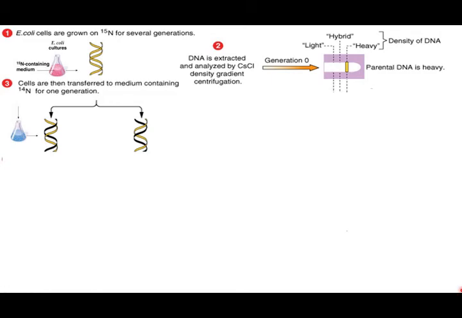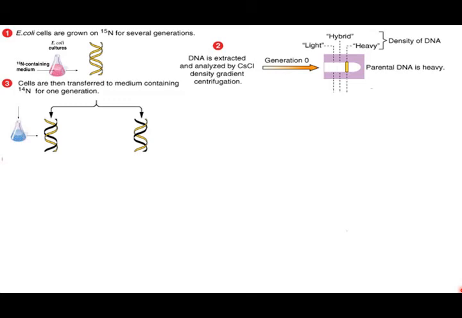Meselson and Stahl were able to distinguish the DNA of different densities because the molecules had to be separated from each other by a procedure called cesium chloride gradient centrifugation.